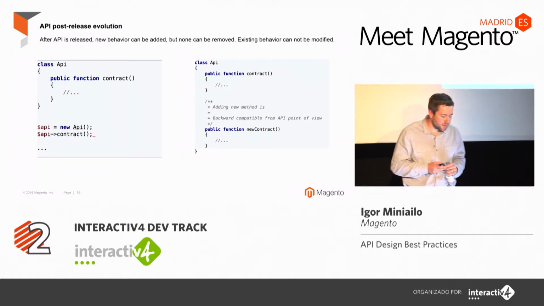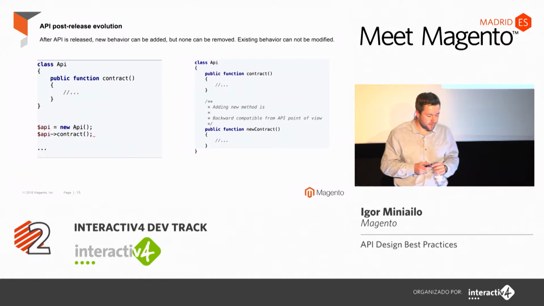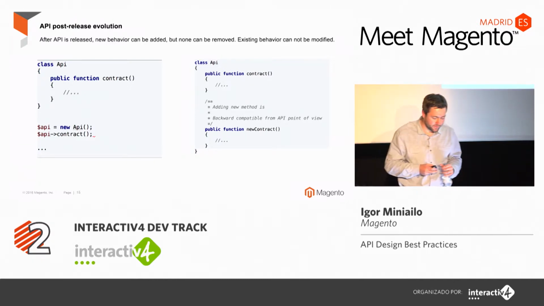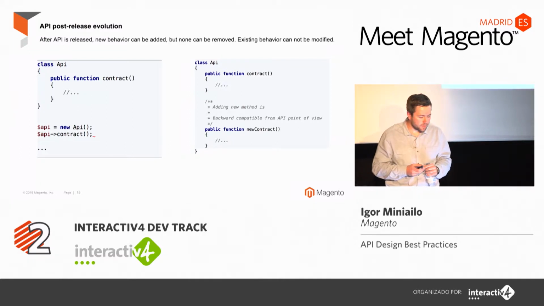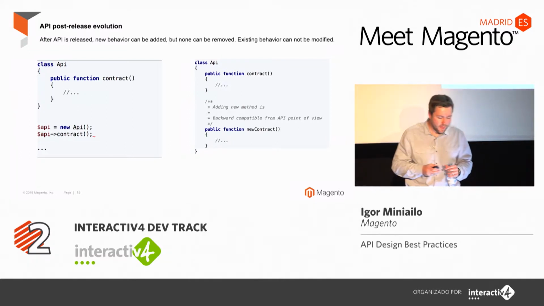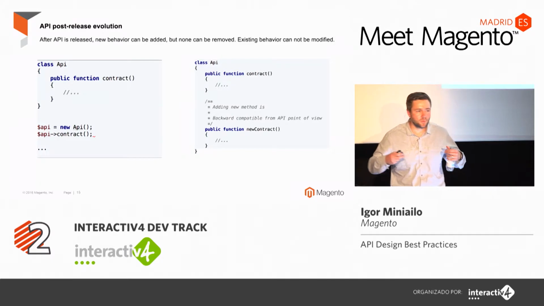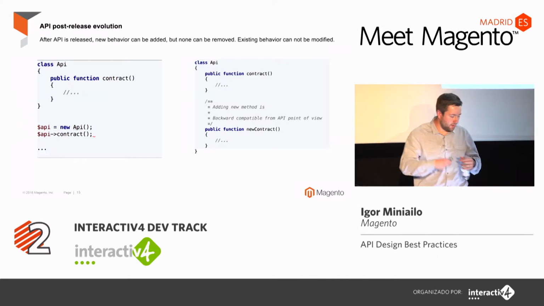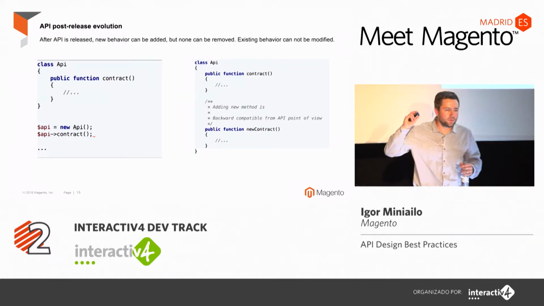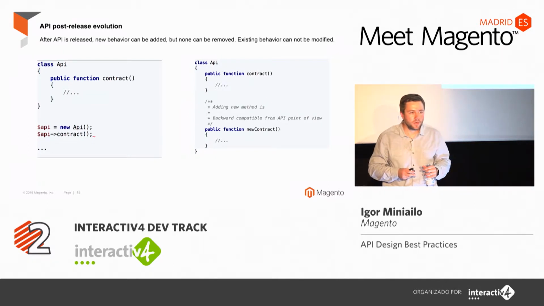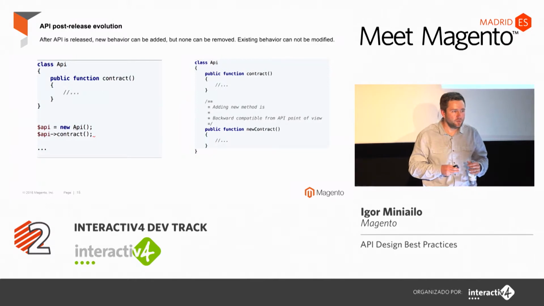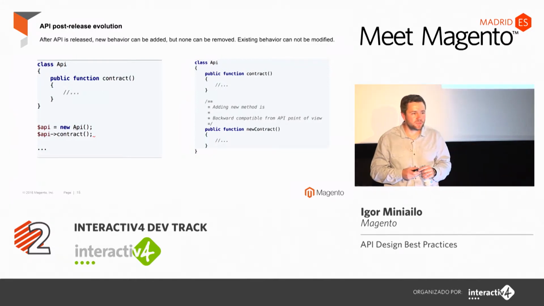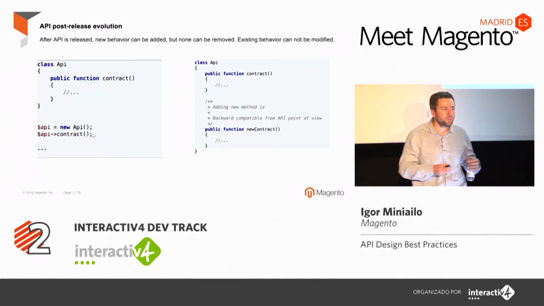After some time, we decided to add a new method, a new contract, to this interface. And of course, like in Magento, we provide the default implementation for this interface. If you had logic which loads that API and calls the previously existing contract, you are still okay. Maybe your code is not aware of the new API which was added just recently, but we don't break anything.